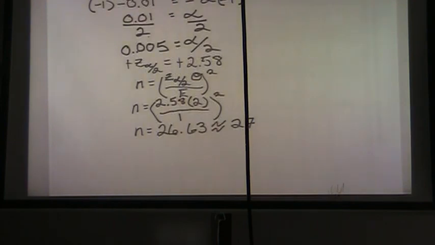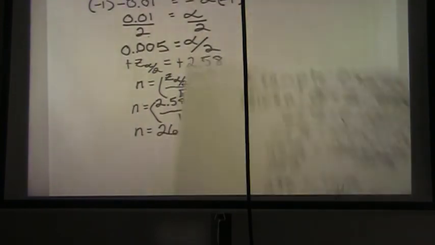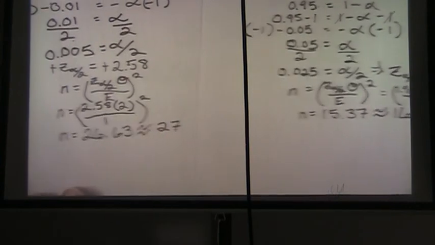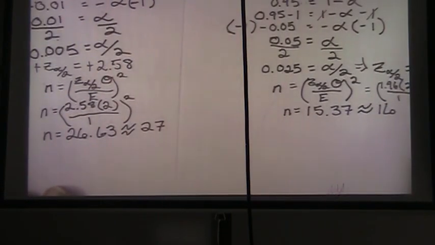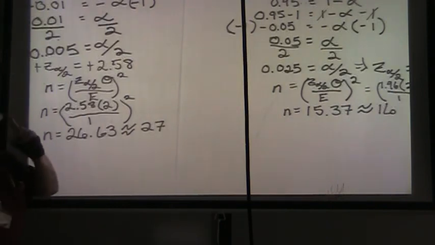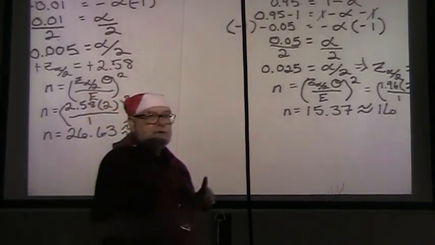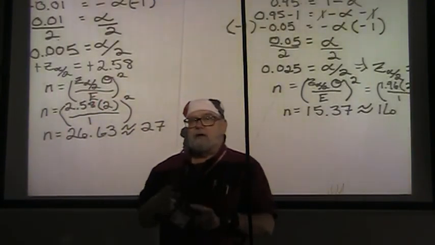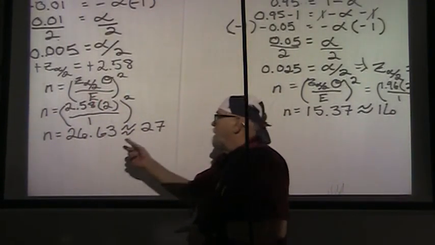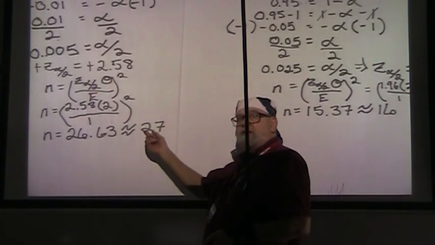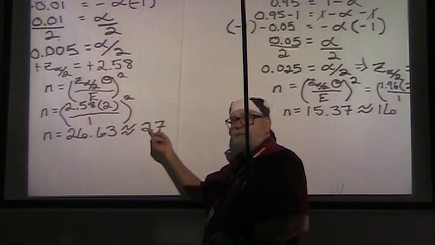Now, one thing you may have noticed, let me see if I can put these side by side. When we do a 99% confidence interval, we need 27 samples.